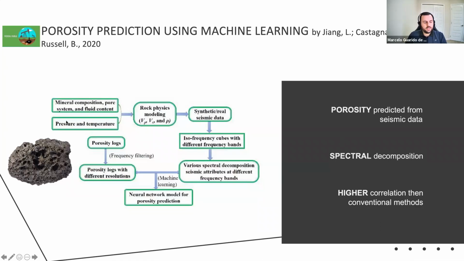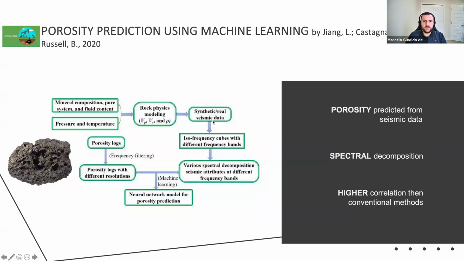What they are doing in this paper, the proposal, is to predict the porosity using seismic data. They use two different data sets to see how their models are working. One is a synthetic data set that was built using the VP, VS, and density information from one geologic area, and another one from real seismic data.